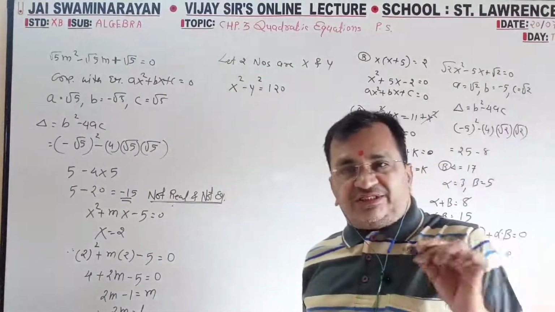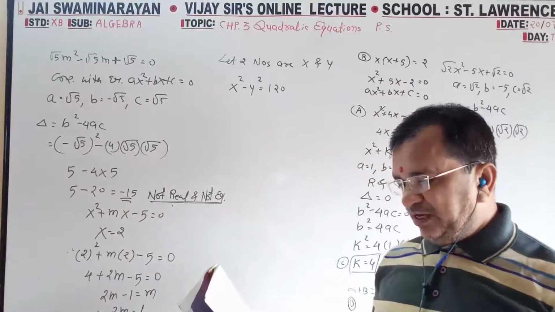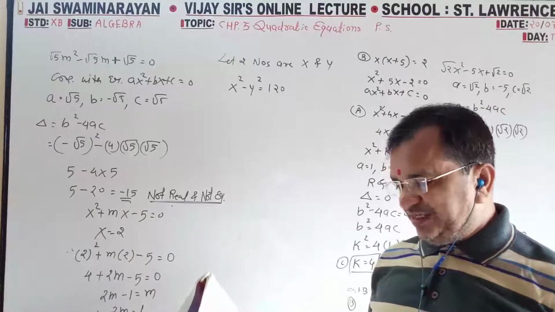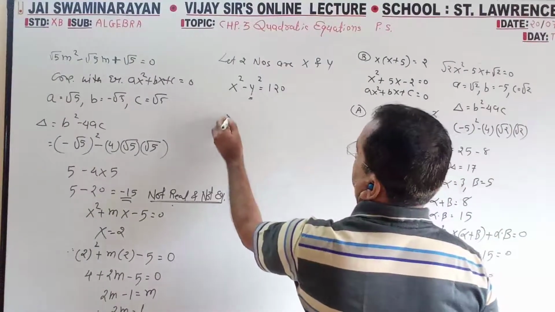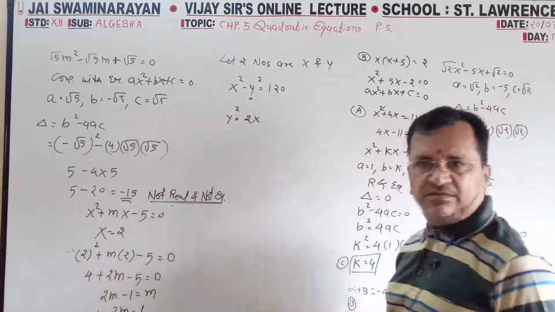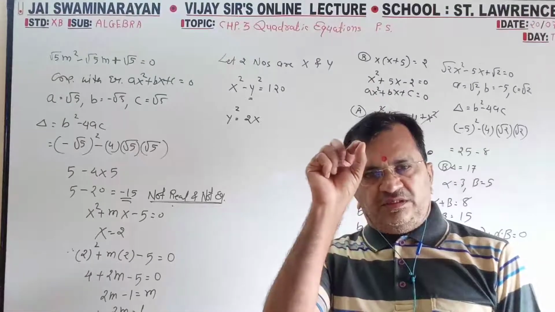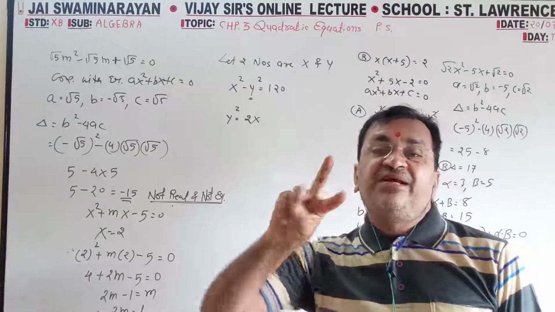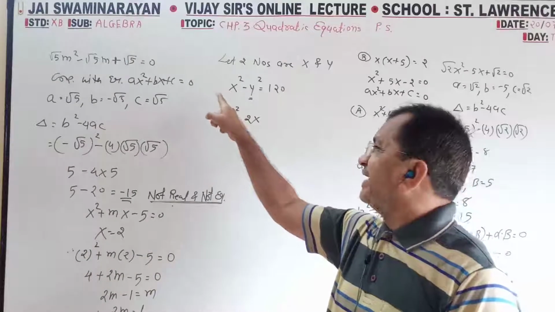The square of the smaller number is twice the greater number. Two numbers, x square, y square. Difference between the squares is 120. So I have taken x square minus y square.